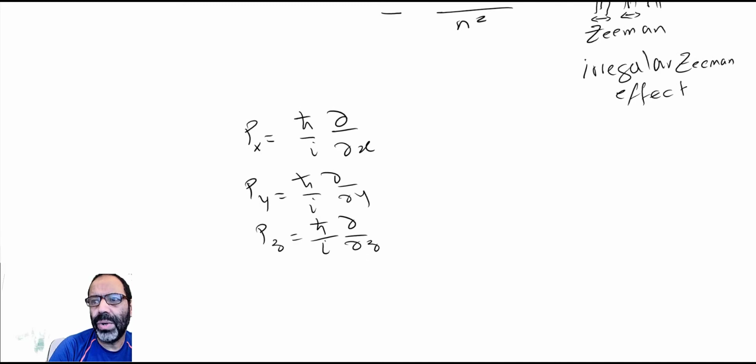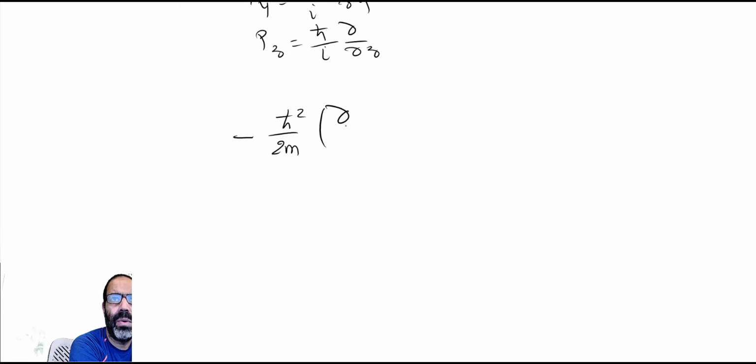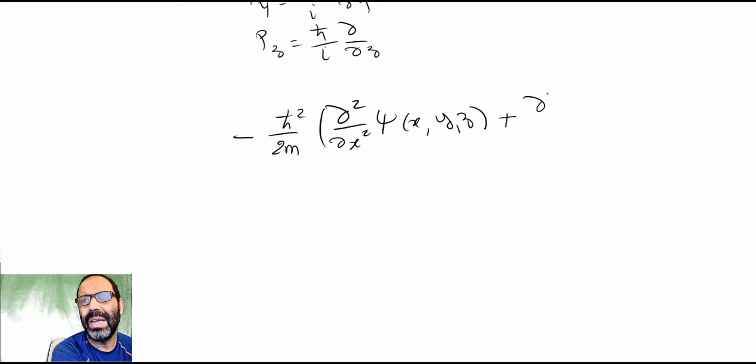The equation that we have to really solve for any system is the following: minus h bar squared over 2m, the second derivative with respect to x of the function. I'm going to assume that the wave function depends only on x, y, and z. I already took care of the time dependence because I'm assuming that the potential in this case is not time dependent.